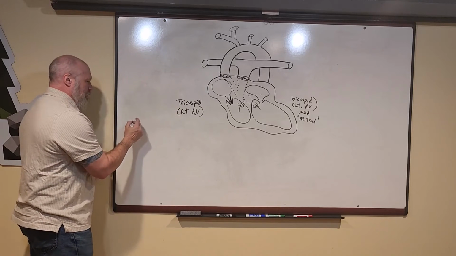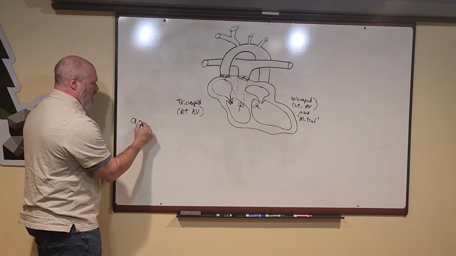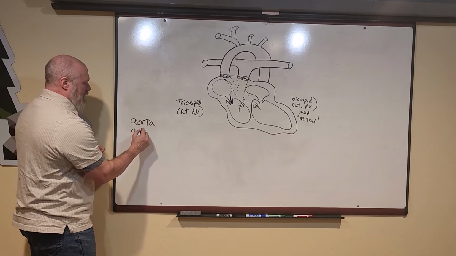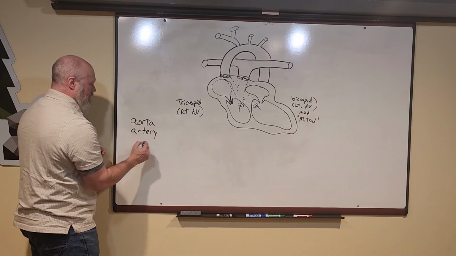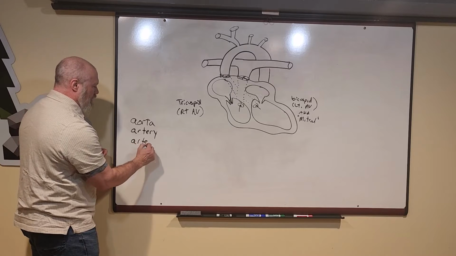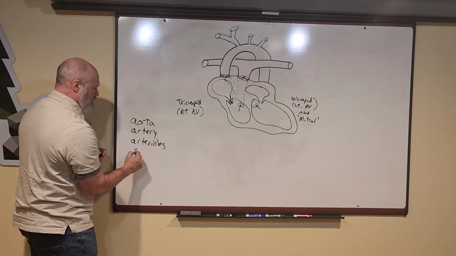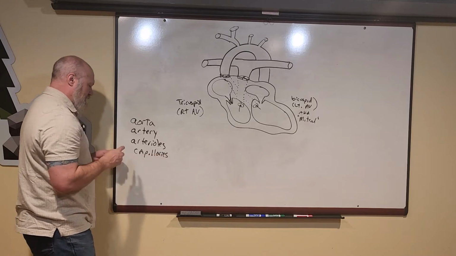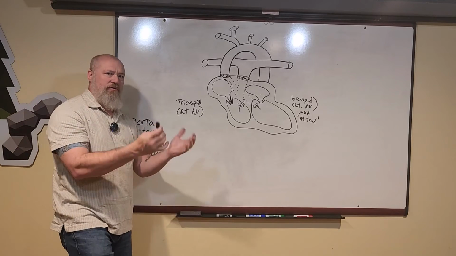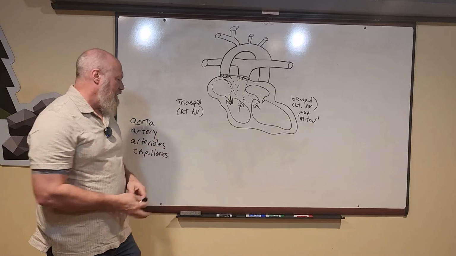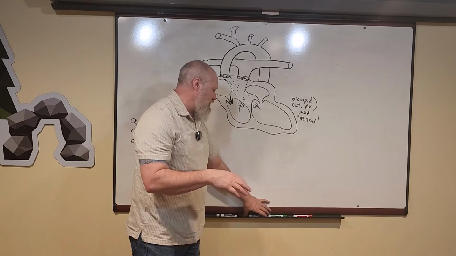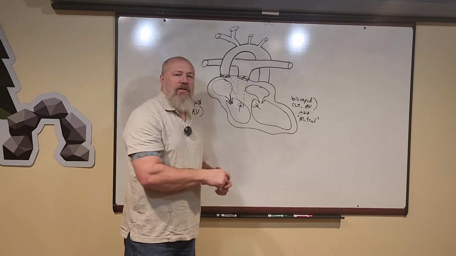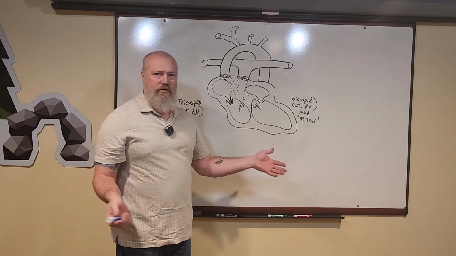Remember that arteries, the largest of which is the aorta, or the pulmonary artery, trunk. The aorta flows into arteries. Arteries flow into arterioles. Arterioles flow into capillaries, which are the microscopic, tiny little single-celled folded blood vessels that are mostly fenestrated or leaky, which is where you exchange the fluids between the blood compartment and the interstitial fluid.